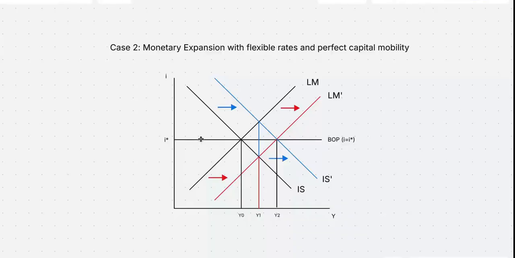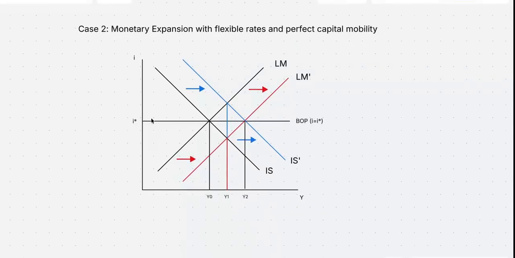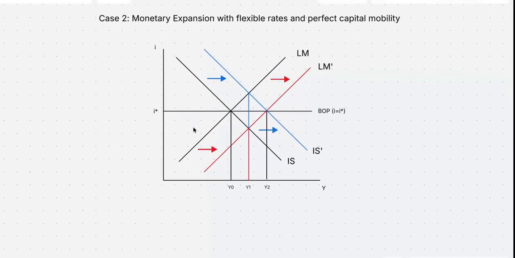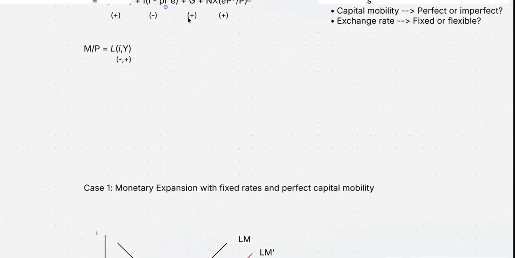Again, in the same way as in the previous example, we will see that the interest rate as a result falls, which leads to a massive capital outflow. Then again, just as in the last case, domestic residents will purchase foreign currency in order to earn more interest, which puts an upward pressure on the exchange rate, as we can see over here.